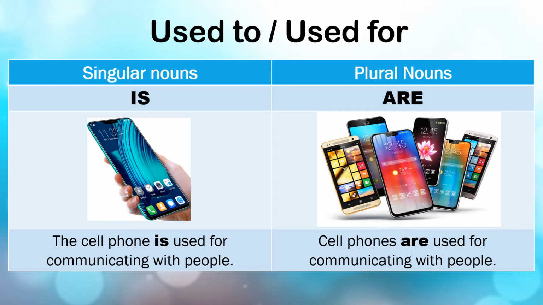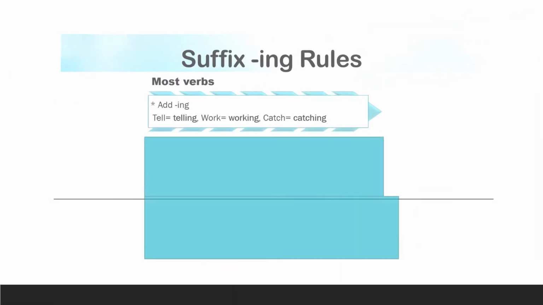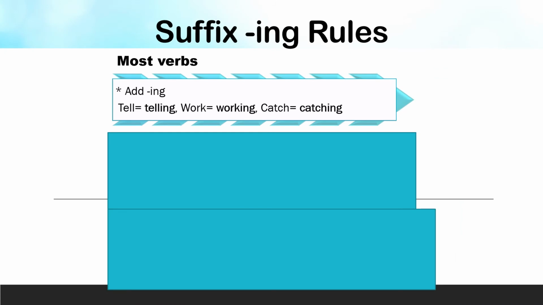But when you're using a gerund, you have to say for the verb with ing. You cannot eliminate the ing when you're using for. To use a gerund, we have to be careful with the spelling rules of the suffix ing.